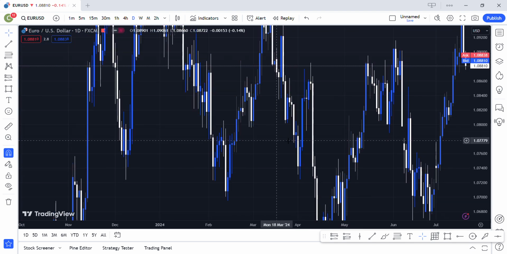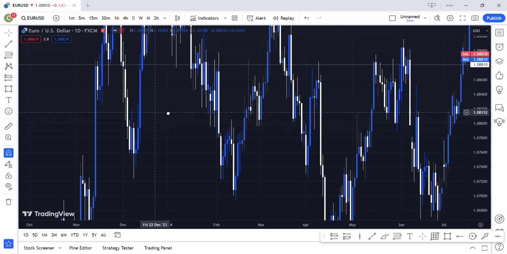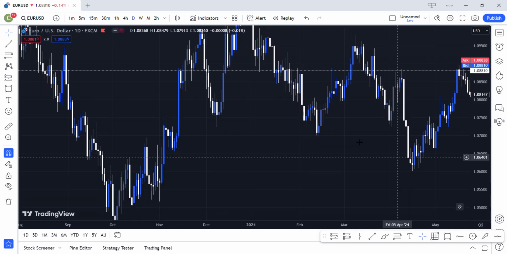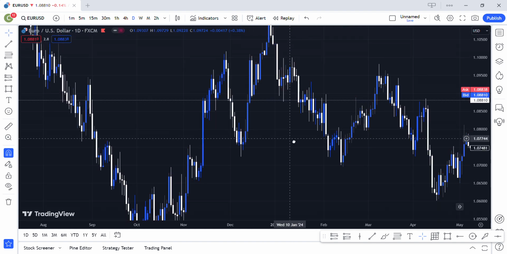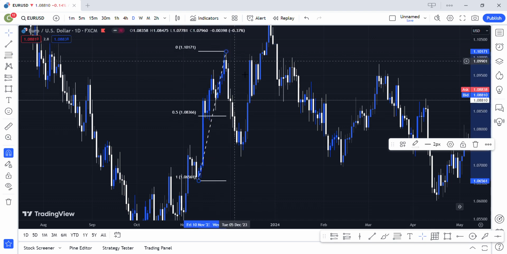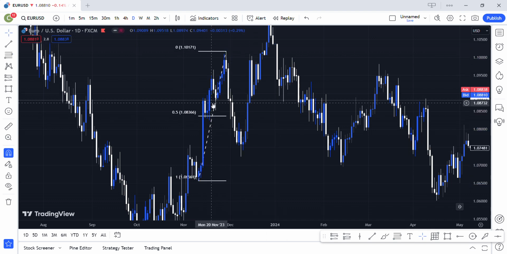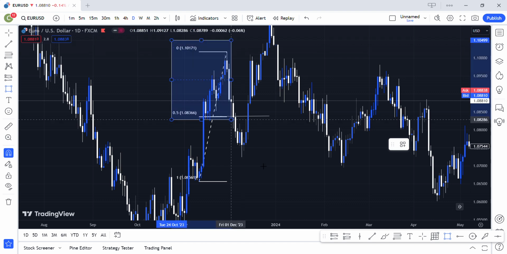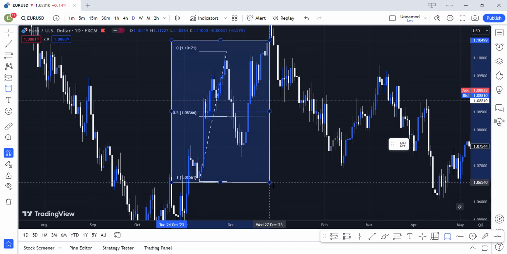So basically, fair value gaps in a simple sense are used as a retracement tool. What a retracement is, let's say I've got my Fibonacci tool. All this is, I'd mark out my low to my high. Actually, let's draw a box. So here is my range.